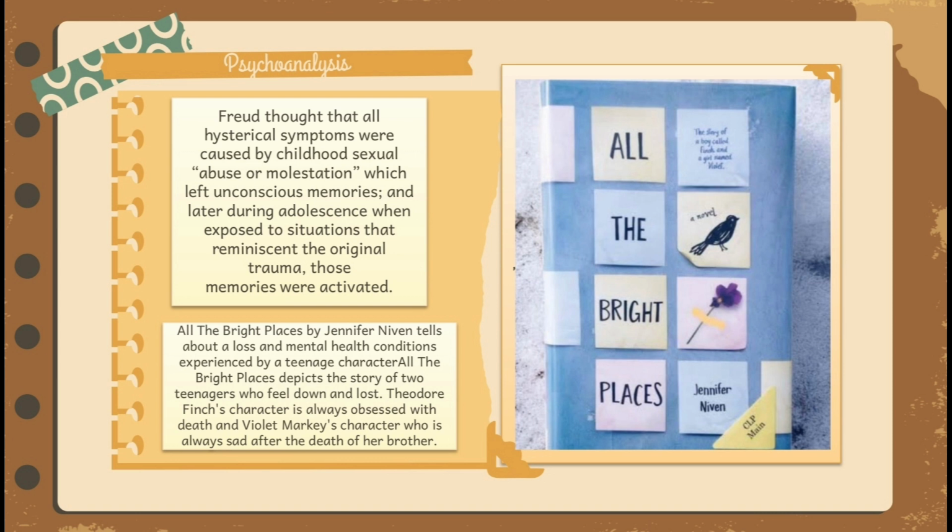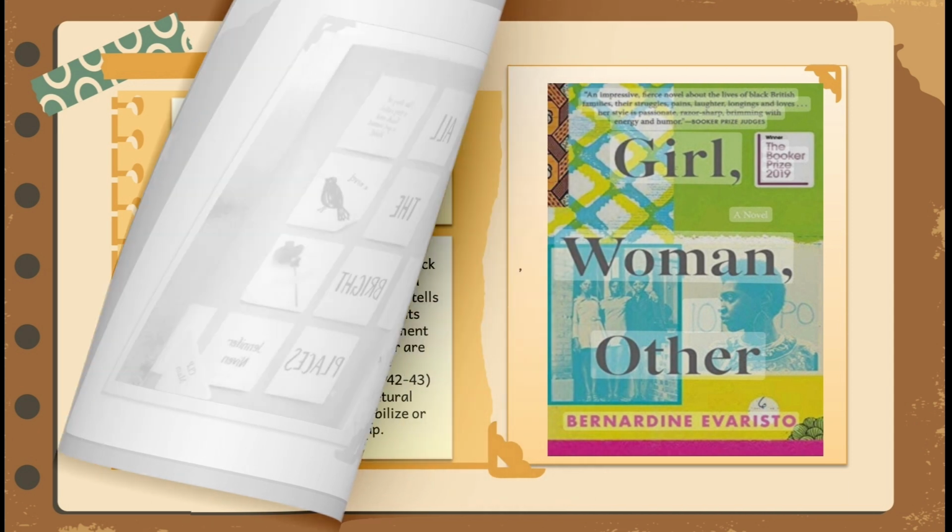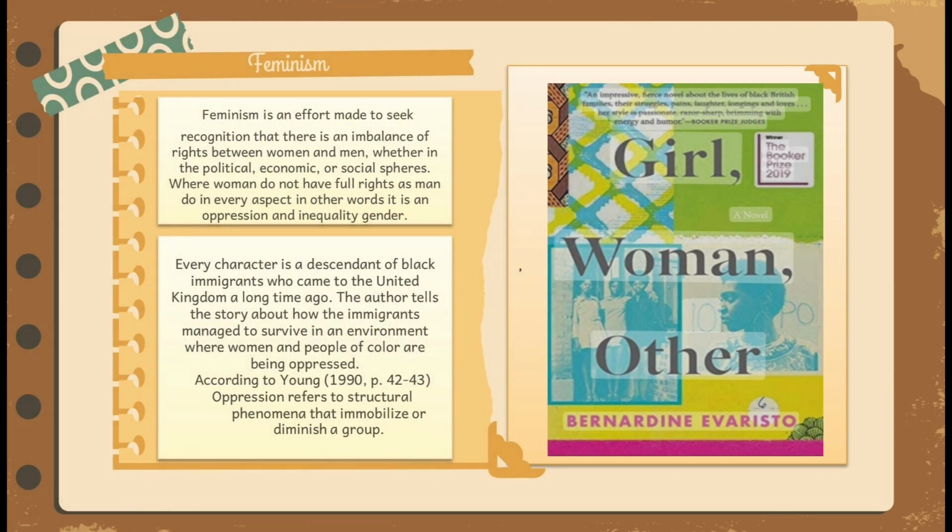So I took the novel entitled All the Bright Places by Jennifer Niven, which tells about a loss in mental health condition experienced by teenage characters, and it depicts two teenagers who feel down and lost. Theodore Finch's character is always obsessed with death, and Violet Markey's character is always sad after the death of her brother.